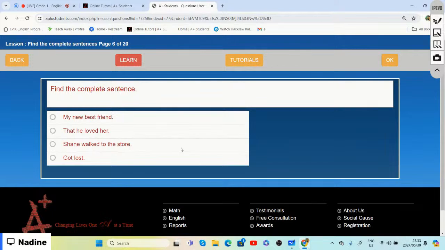So it's not number two. It says my new best friend, that he loved her, Shane walked to the store, or got lost.